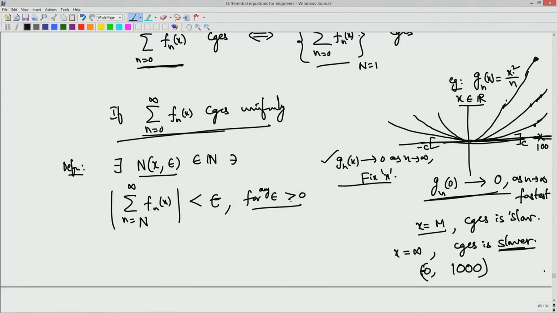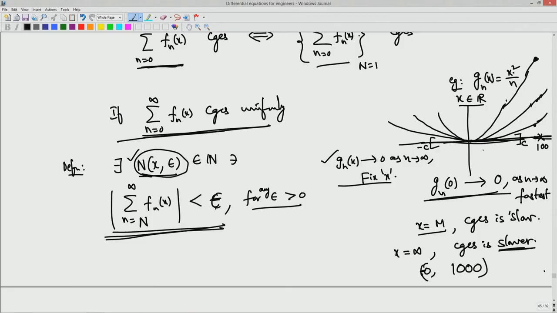You give an epsilon positive, I can always find some n. If such an n works for all x, then you say that the series is converging uniformly, okay.